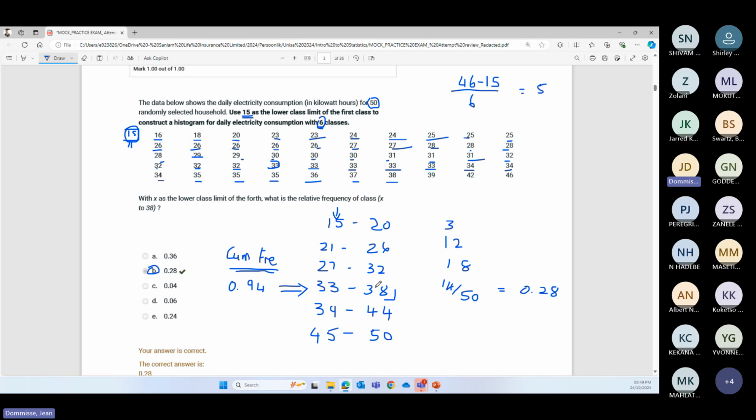Else, I would have started at 16, because if you don't anchor me at 15, I will start at the smallest. Then it would have been 16 to 21, 22 to 27, then 28, so it really becomes out of line.